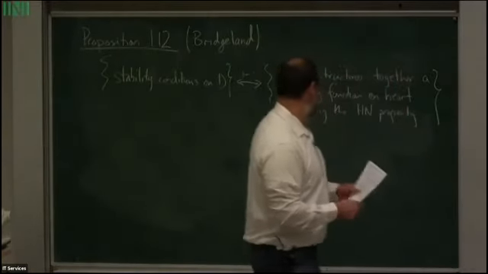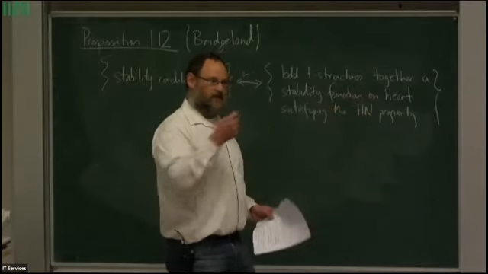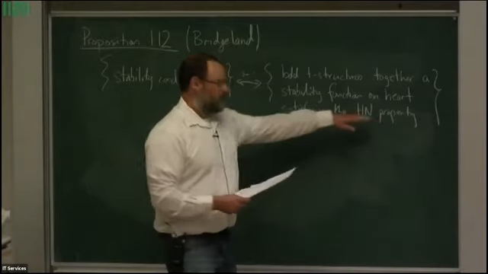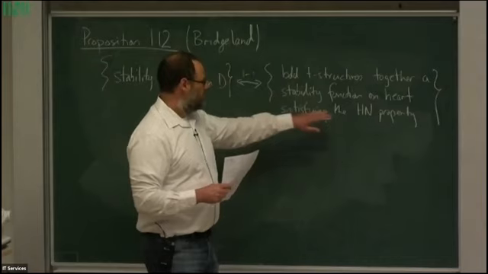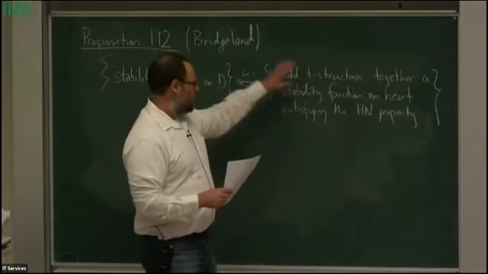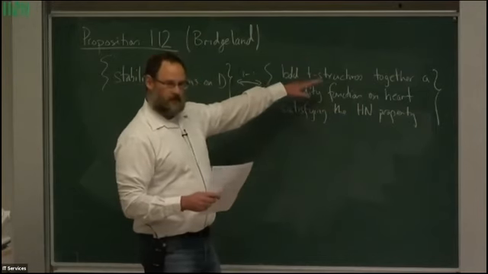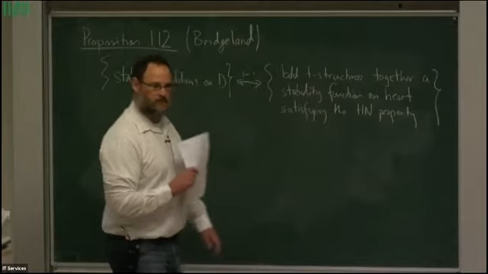If the heart is a finite length abelian category, then I just have to choose what the stability function does on the simples, and the HN property I get for free. So when the heart is finite length, there's essentially no restriction here. Specify the heart and specify a function.